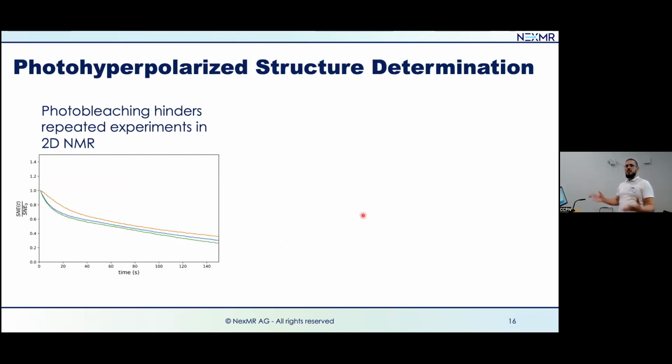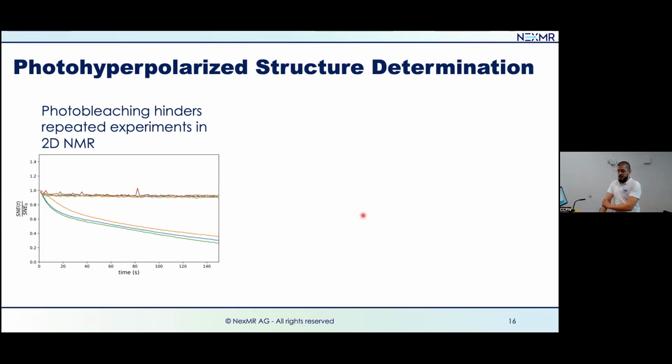Finally, 2D NMR. I mentioned that we can do a bit more complex experiments very easily, and we could eventually do 2D NMR very simply, with many different experiments. Kidnap has one issue. You are shining light at the photosensitizer. What happens is what you can expect. It bleaches. So this has been a limitation in the complexity of the experiments that we can measure.